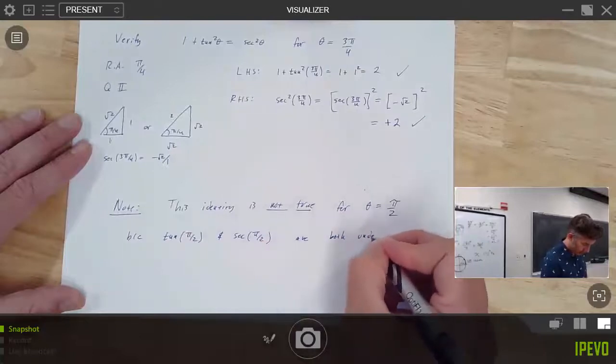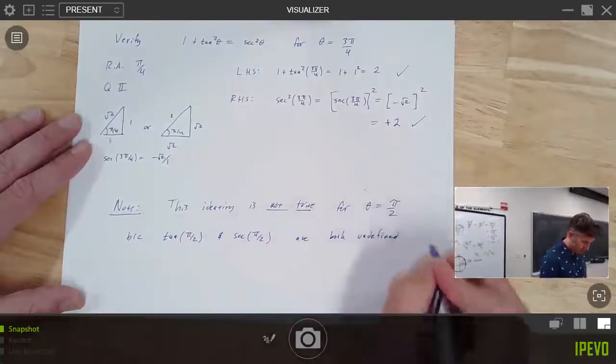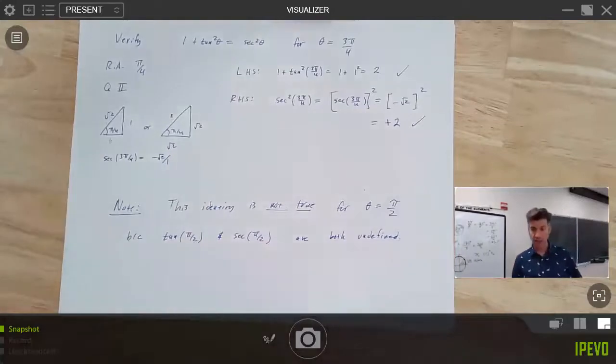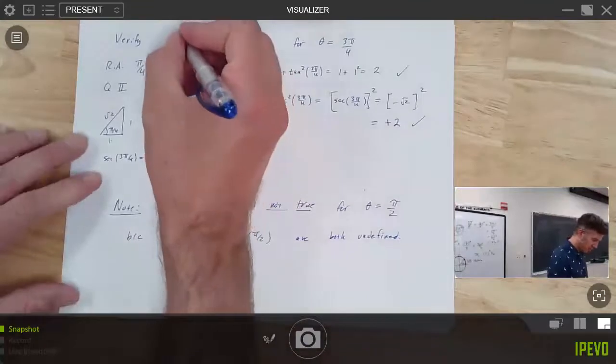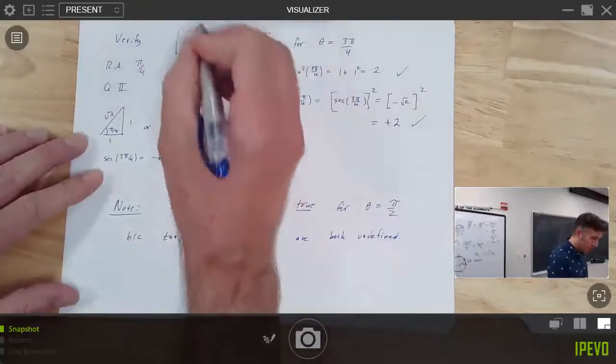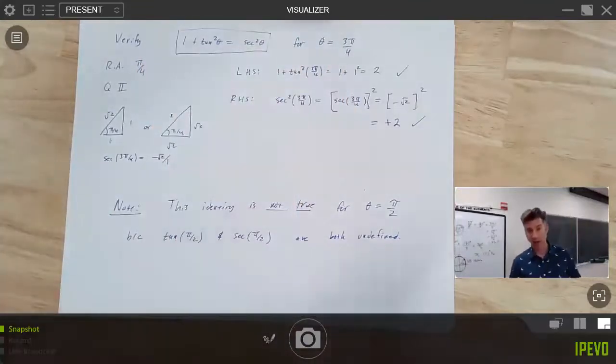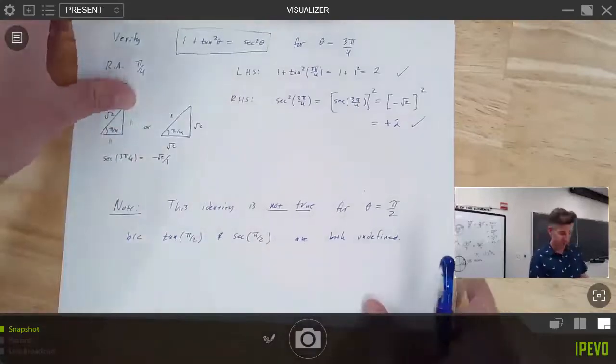So a trig identity is only true as long as each trig function is defined at the angle that you're saying it's true at. So 1 plus tangent squared equal to secant squared is generally always true, except for angles where tangent or secant are undefined, like pi over 2, or 3 pi over 2, or 5 pi over 2, or any odd multiple of pi over 2.